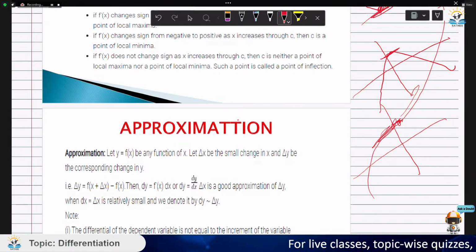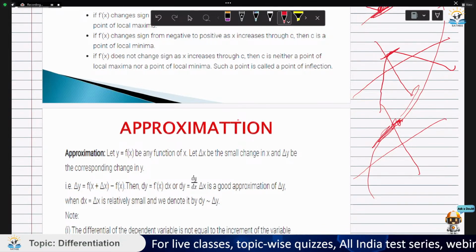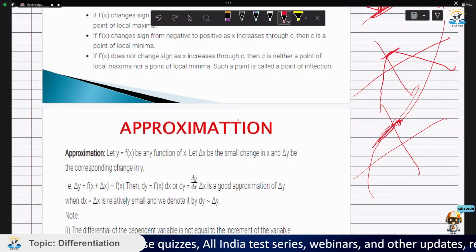And here, what the slope looks like: dy by dx is equal to minus sine of x plus y, into 1 plus dy by dx. So let's calculate dy by dx together.